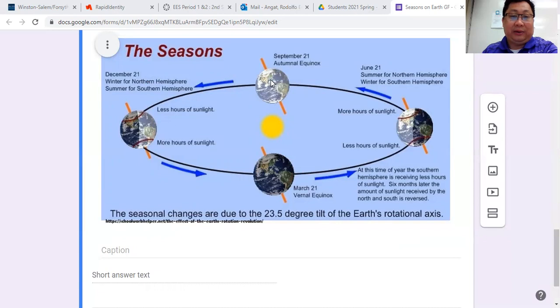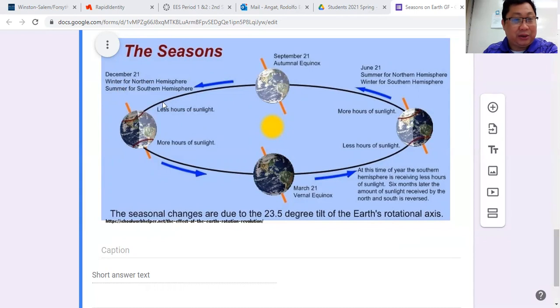After the autumn, we go to December 21st. That would be the winter solstice. During the winter solstice in the United States and areas in the northern hemisphere, the nights are longer than the days.